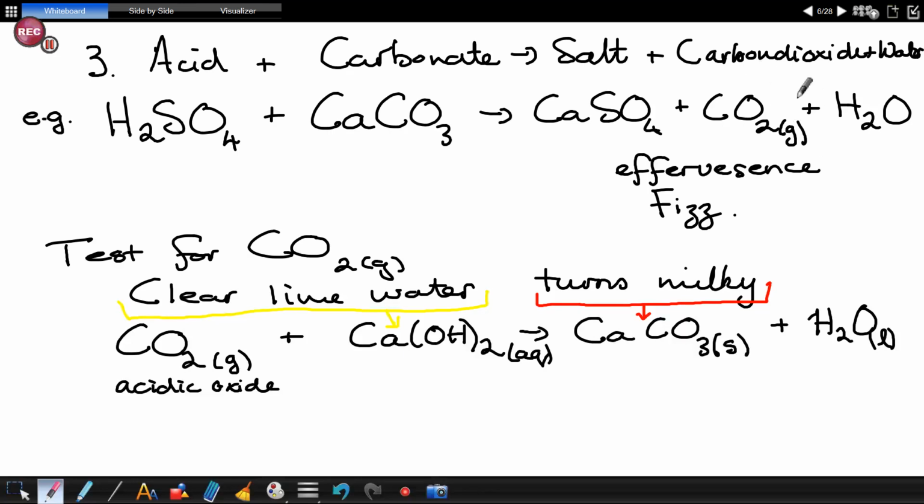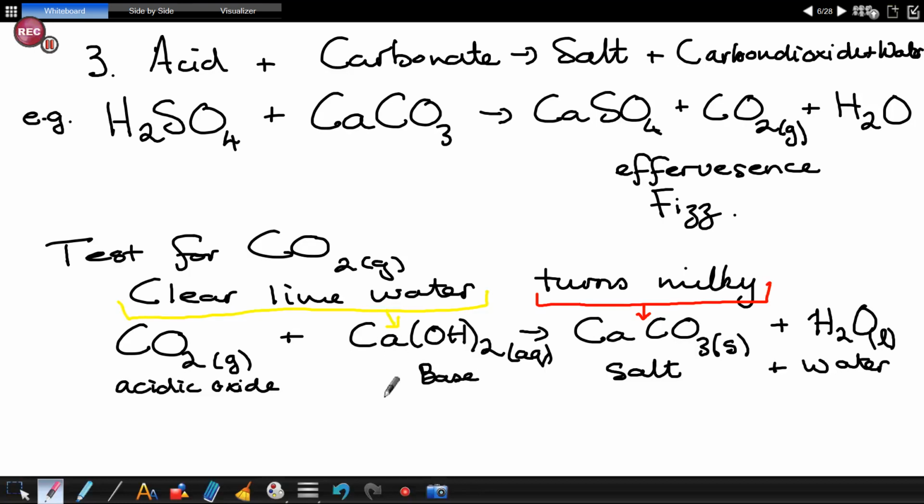The carbon dioxide is an acidic oxide, so when you bubble it through hydroxide solution, it will be an acid-base reaction again, a proton transfer reaction. So what happens? Calcium carbonate and water forms. So this is the salt and water, because this is the base.